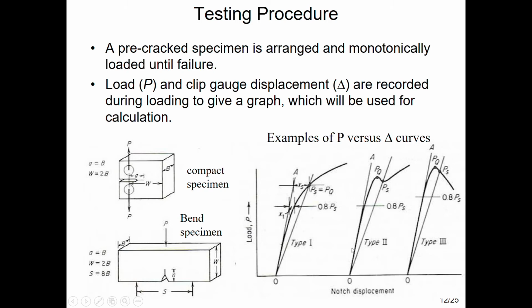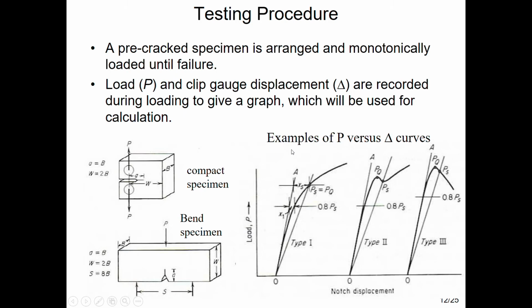So it increases, but then suddenly drops to PS, and then it increases again. If I get this type of graph, this is going to be your type 2. This one, you can see PQ is above PS, but then it begins to decrease with respect to the notch displacement. So this one will be type 3.